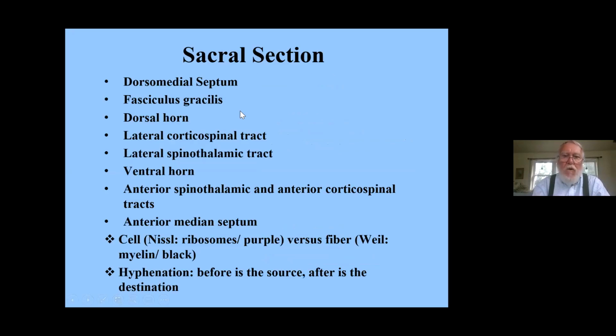Okay, so now what we're going to do, and this is the first of a series of lectures in which we are going to do a sort of William Tecumseh Sherman march through the central nervous system. So we're going to start at a sacral level, and we're going to be marching through the spinal cord, going rostrally.